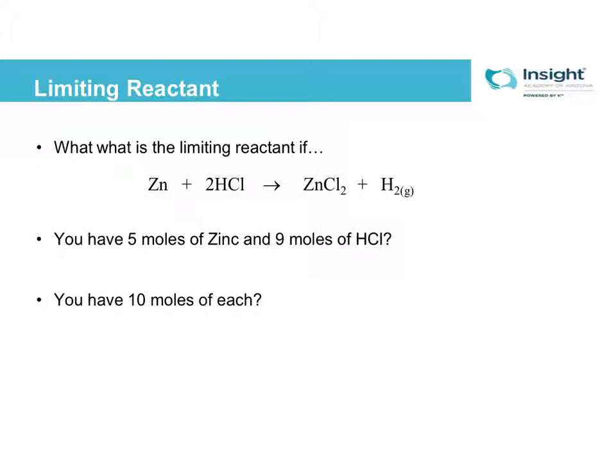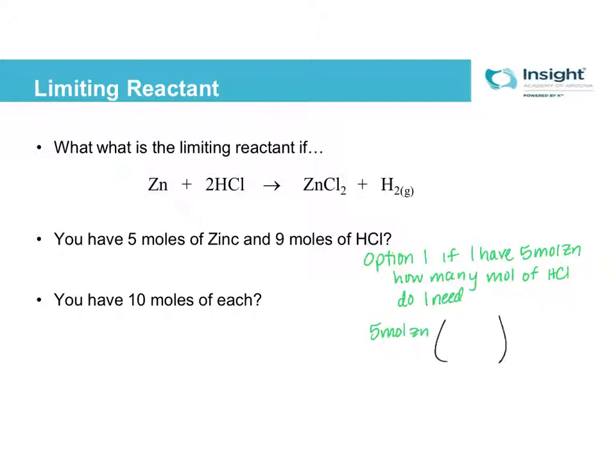All right, so option 1, if I have 5 moles of zinc, how many moles of HCl do I need? To do that, you do 5 moles of zinc, set up your ratio.